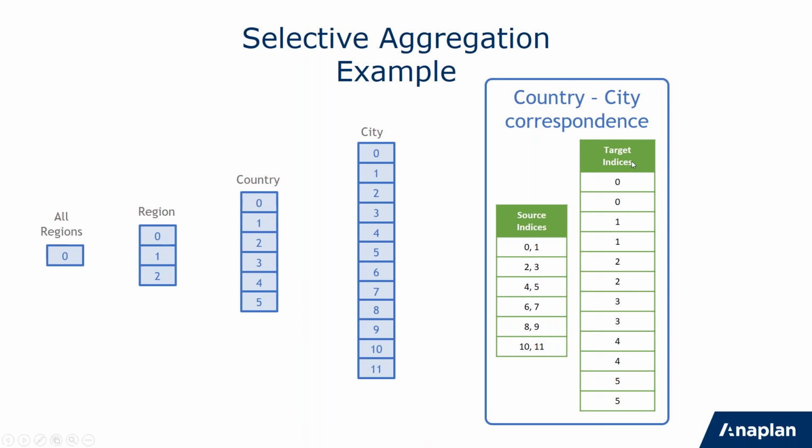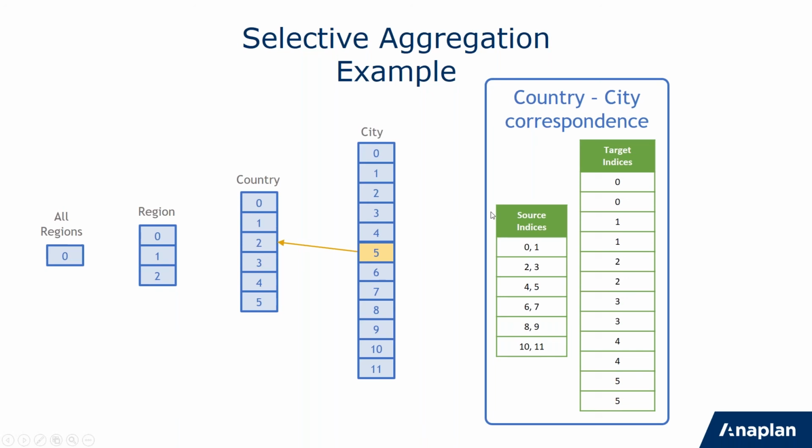So take a simple example of that. This is a one-dimensional line item with aggregation. And I have on the right the correspondence for the relationship between the country block and the city block. Okay, so let's say I change city at index 5.